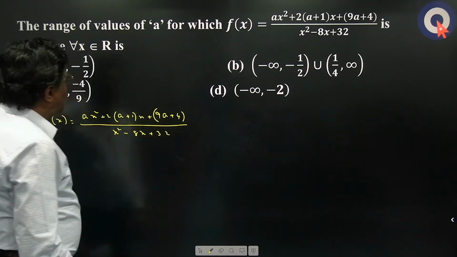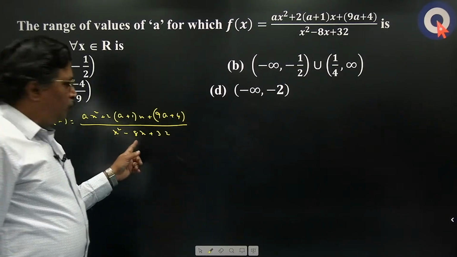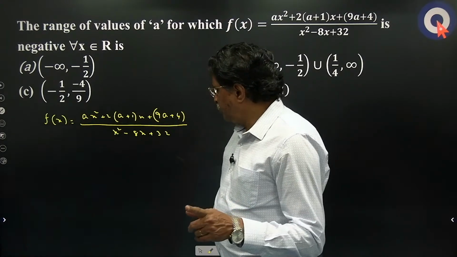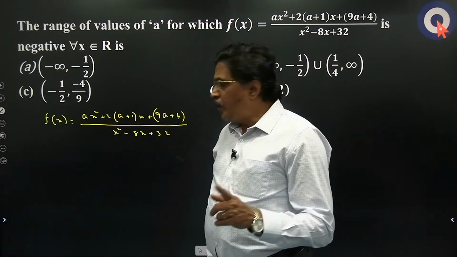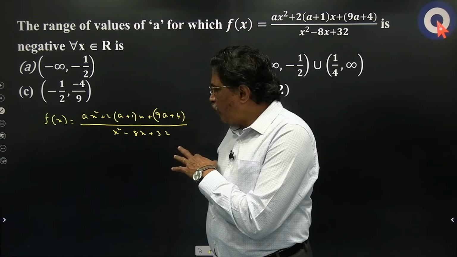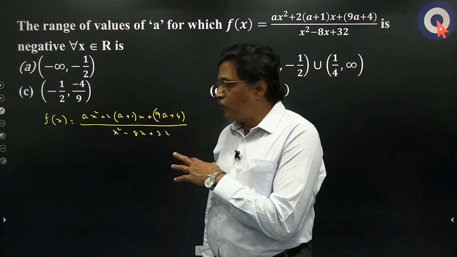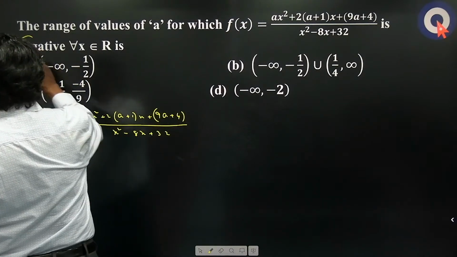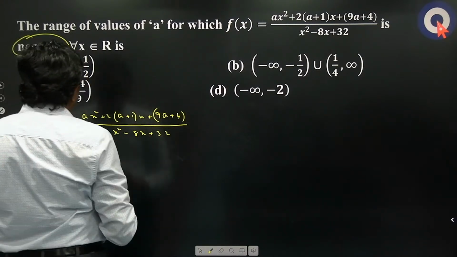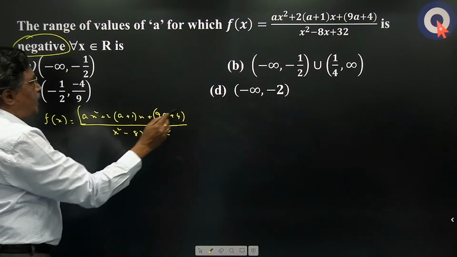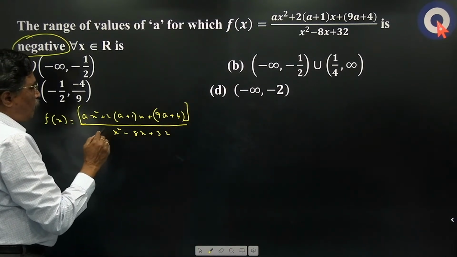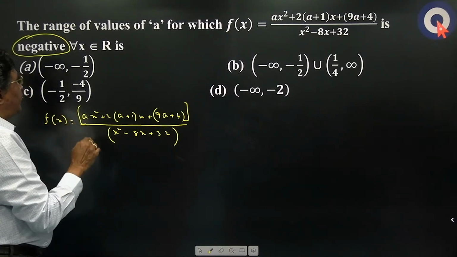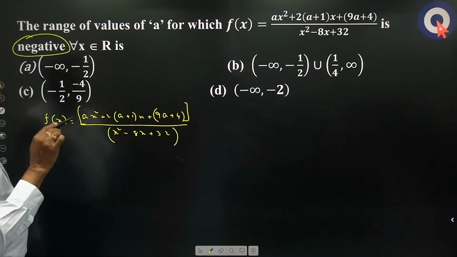So, you can see the denominator's b square minus 4ac is negative. Therefore, the denominator is always positive as the coefficient of x square is positive. So, for f(x) to be negative, it is sufficient that the numerator is negative, right? Because the denominator is positive for all x belongs to R.